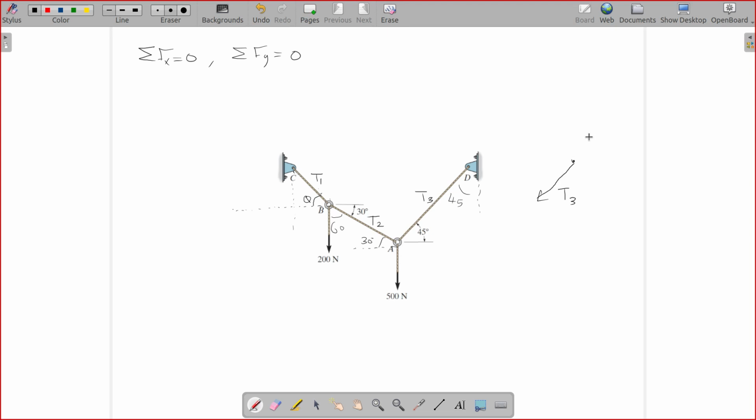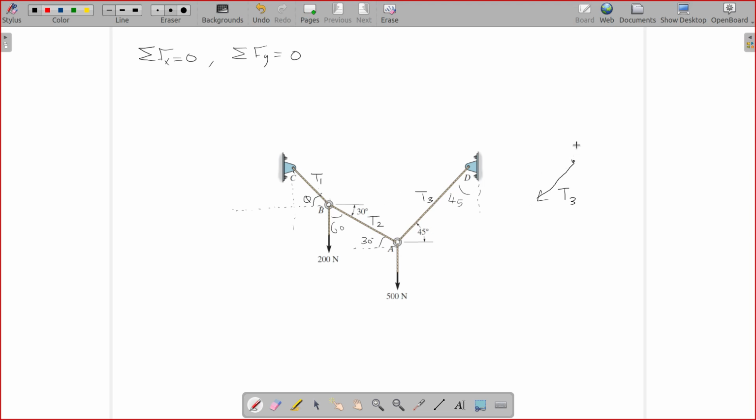Now what will be the reaction from the wall? We do not know the reaction. We need to calculate that, and we do not know the magnitude of reaction, we don't know the direction of reaction.